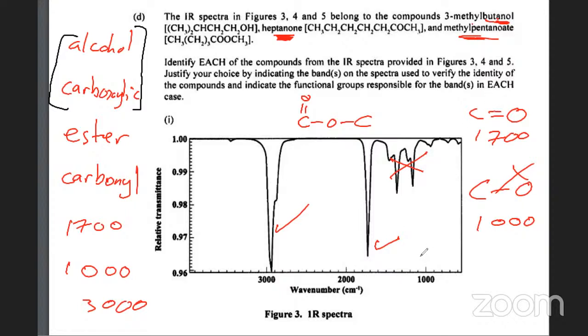If you don't have any at 1000, there's no C single bond O. So for this graph, I know it is a ketone because OH is absent, C single bond O is absent, and C double bond O is present. That is how I know that this one would be heptanone.